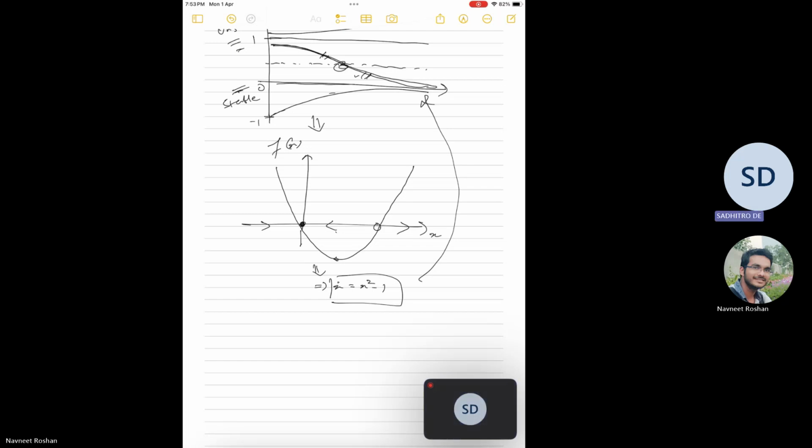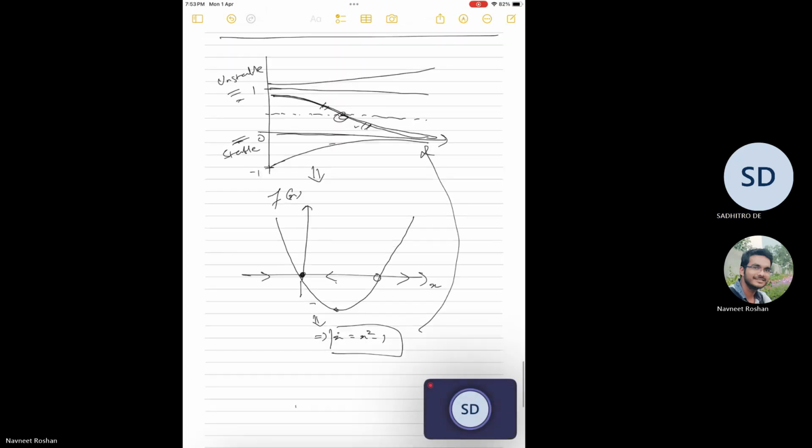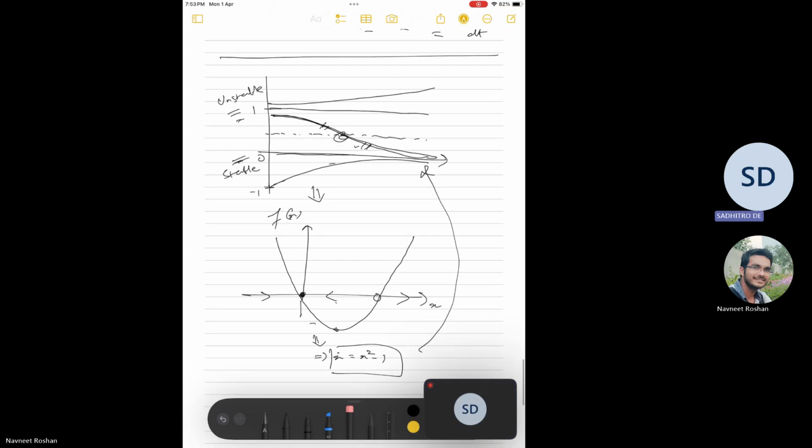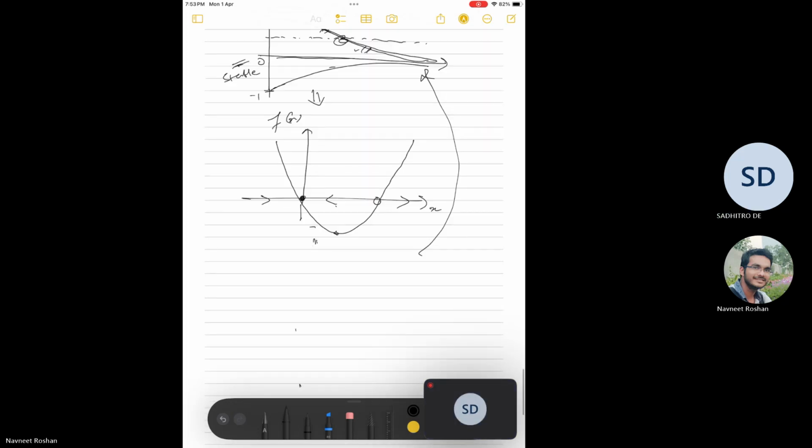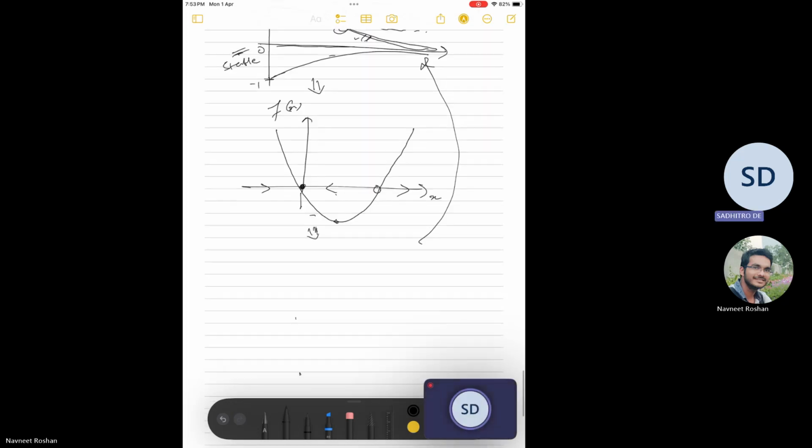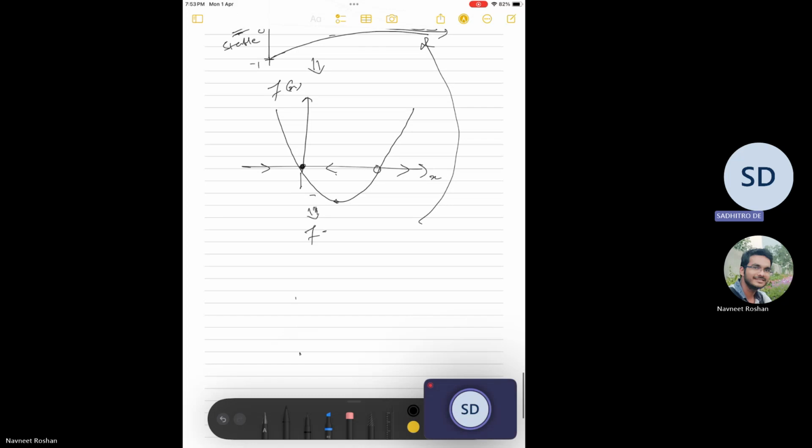Sorry, I think I made a mistake in writing this equation. This is not the equation, because the equation which satisfies this particular form is actually f of x equal to x into x minus 1.